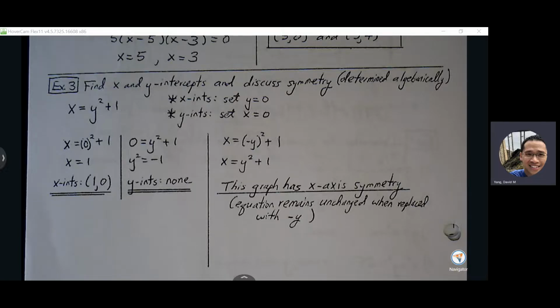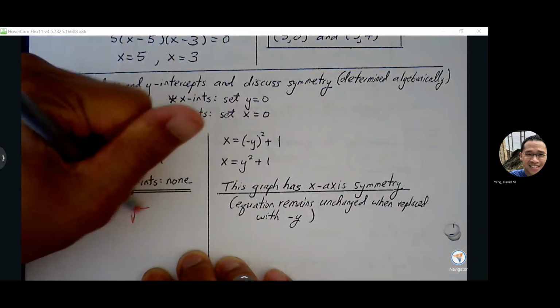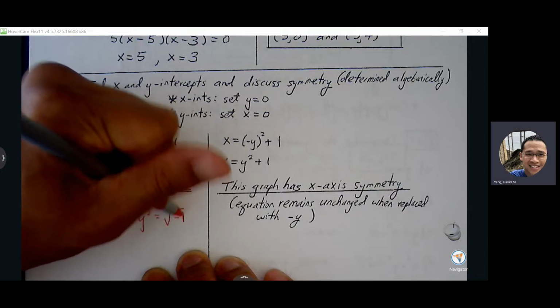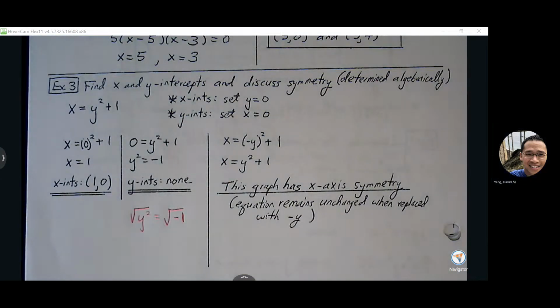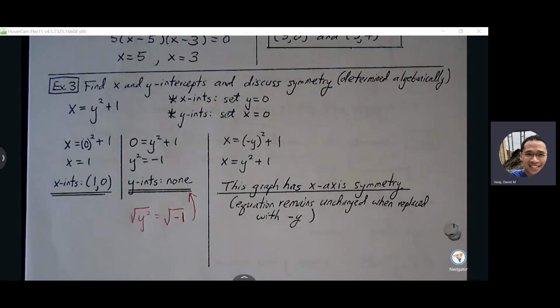And when we take the square root of a negative number, that falls under the imaginary number category, and we're dealing with a real number system. So for us, that would be considered does not exist, and that's why there is no y-intercept.